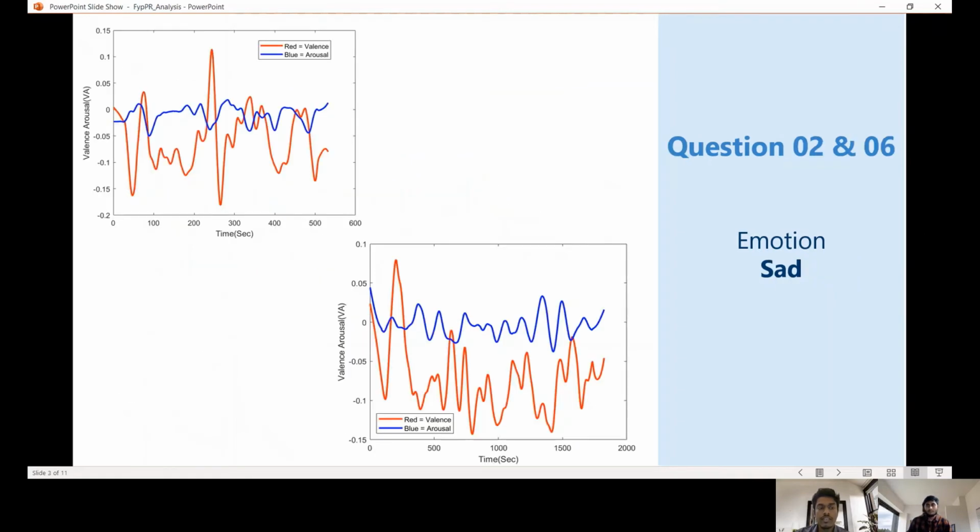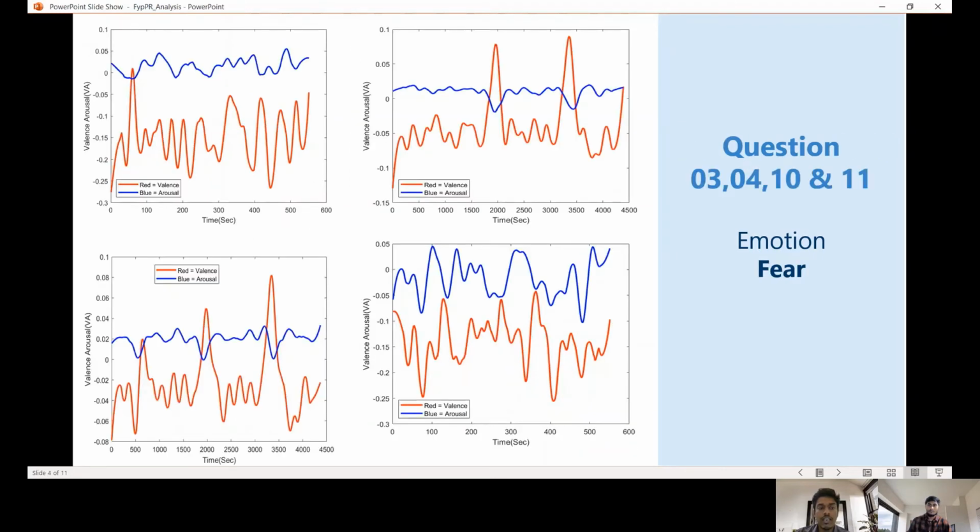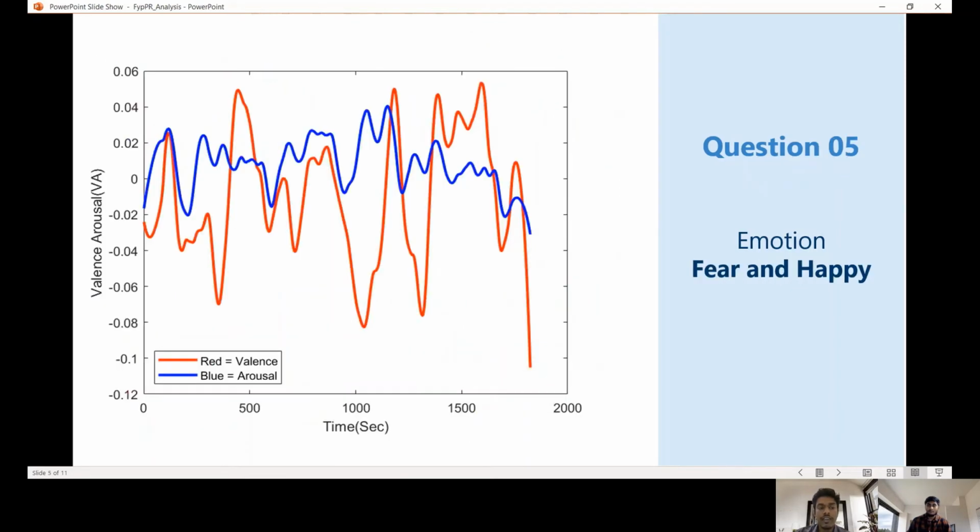Questions 2 and 6 have a similar emotion. The student had negative valence and positive arousal, which indicates sad emotion. Questions 3, 4, 10 and 11 have fear emotion because the student has negative valence and positive arousal brain signal. For question 5, there was a negative valence and positive arousal brain signal.